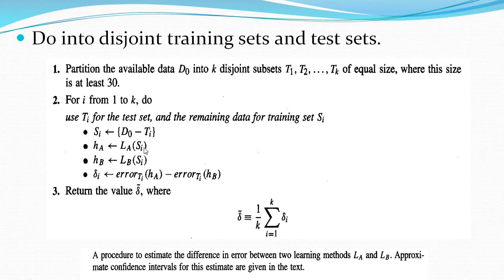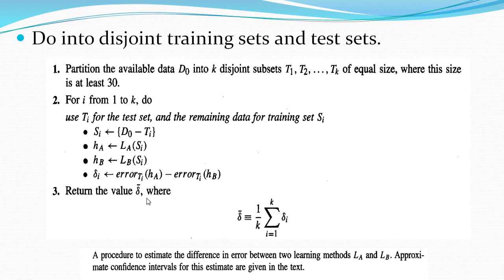HA is the hypothesis obtained on that particular sample by algorithm LA. The second one is the same with LB. We find the error of each hypothesis on this test data, and the difference between these two errors is represented with delta.